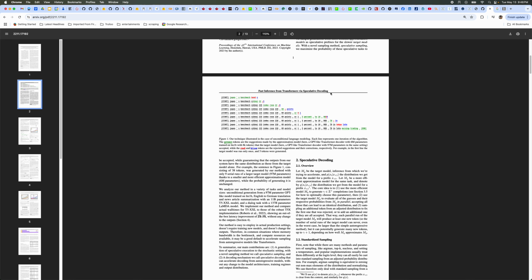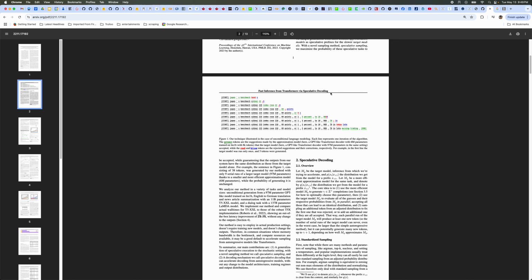Let's say we have a prompt and we want to generate a response with a big LLM. Instead of giving the prompt to the big LLM with a lot of parameters, we use a sibling of that target LLM, a smaller size LLM. I will show you in the code. With a smaller LLM, we can speed up the generation of those answers.